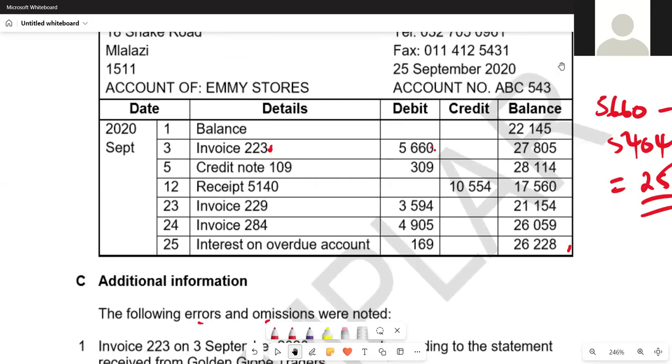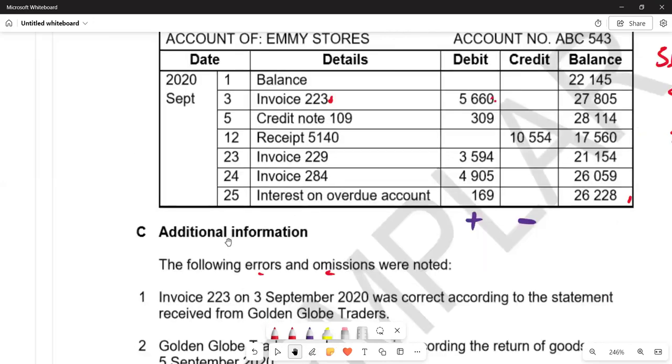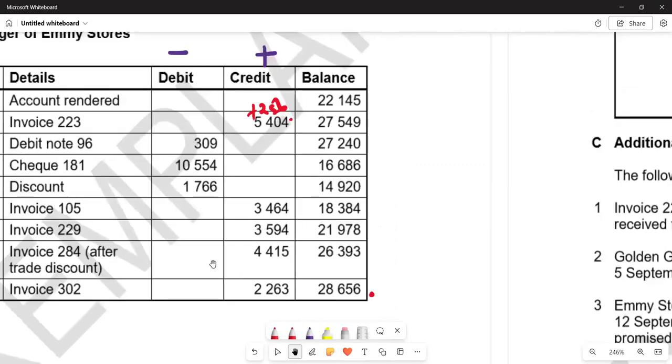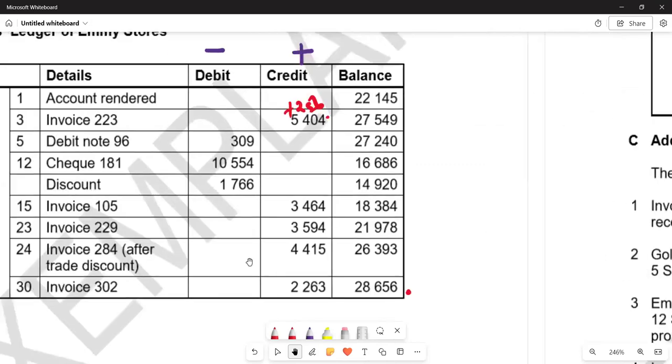When you come to the statement and enter on the debit, that's where we're going to have a plus. When you enter on the credit, it's going to be a negative. It becomes opposite. In this case, we are in the ledger, and our correction is on the credit side, and we are adding to the figure on the credit side. So obviously it's going to be a plus under our error one.